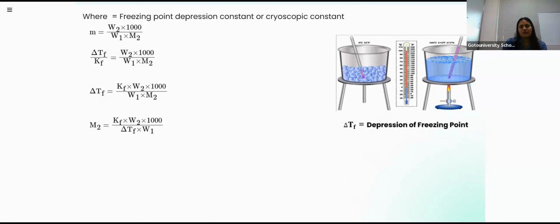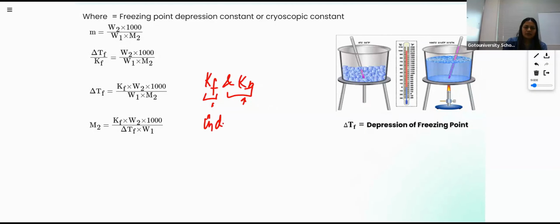And we have discussed one important point there: what are the Kf and Kb values? Kf is the cryoscopic constant for freezing point, and Kb is the ebullioscopic constant for boiling point. We have discussed that their values are independent of the number of solute particles.